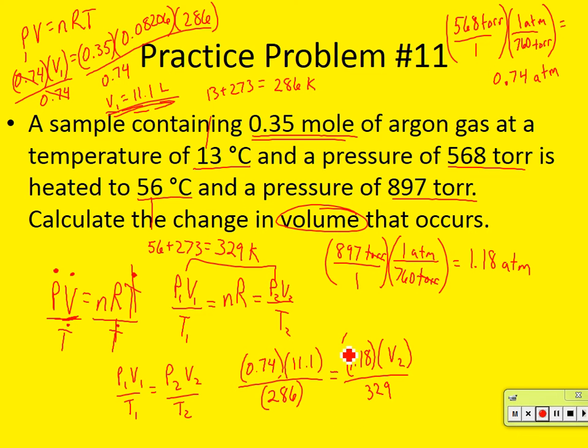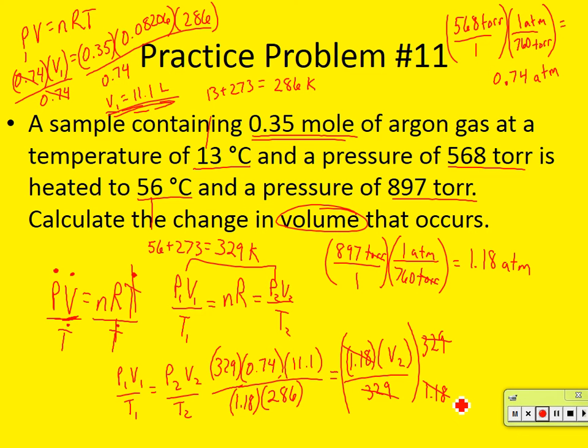What I would do is times both sides by 329. Okay, over here it cancels out, which is what we wanted. And divide each side by 1.18. Okay, over here it will cancel out.